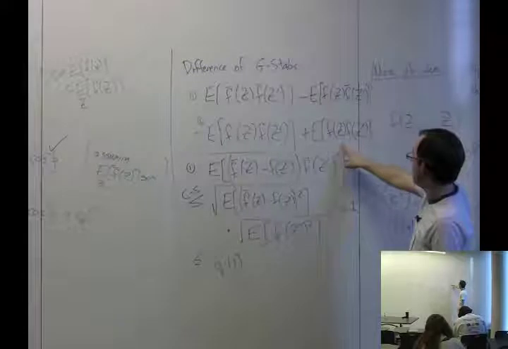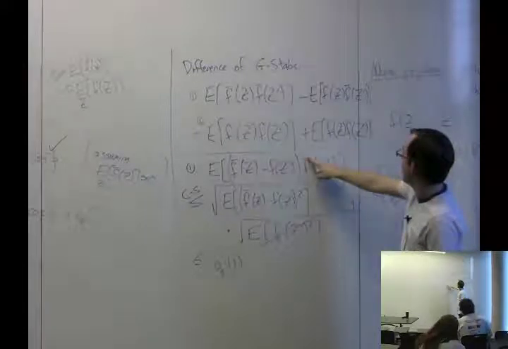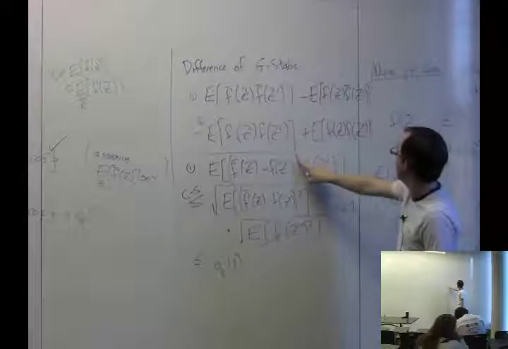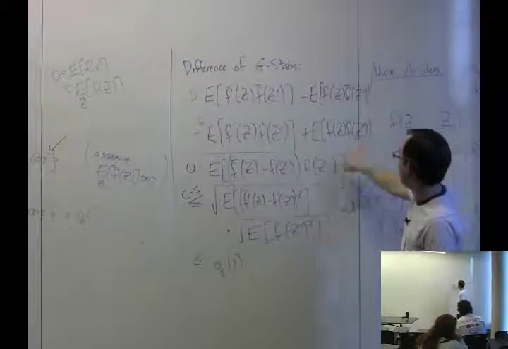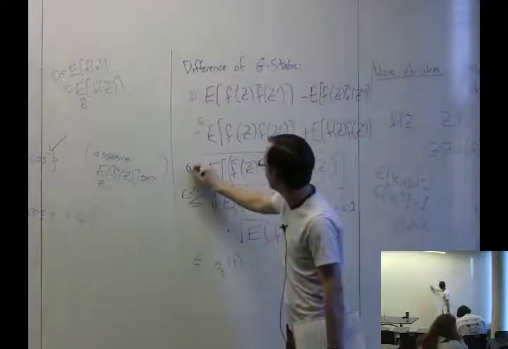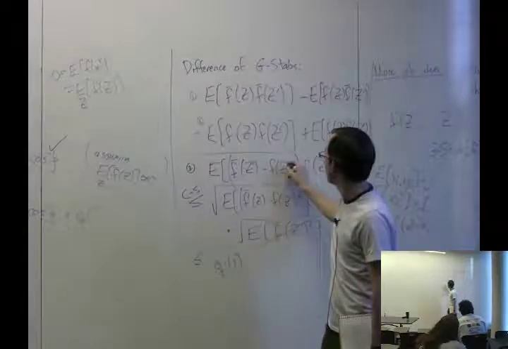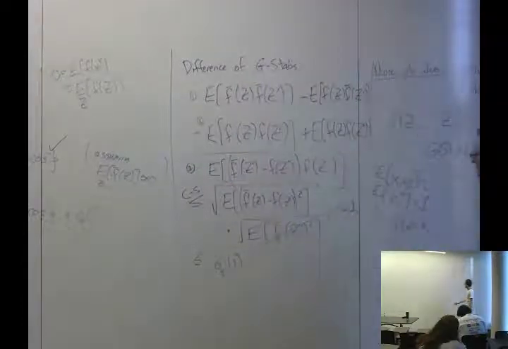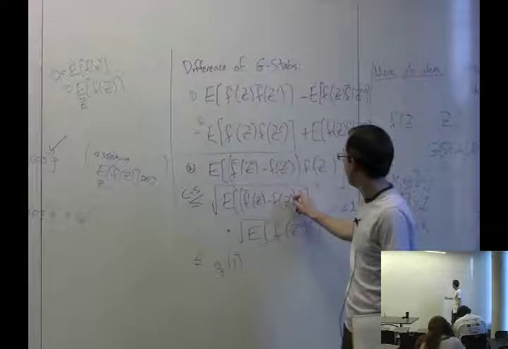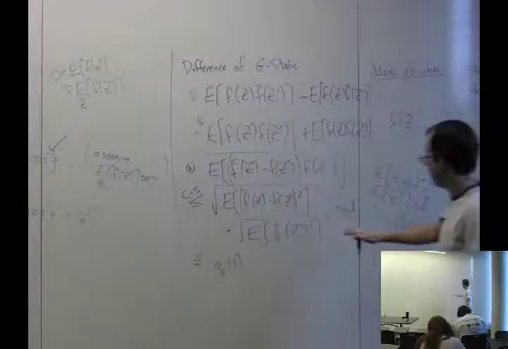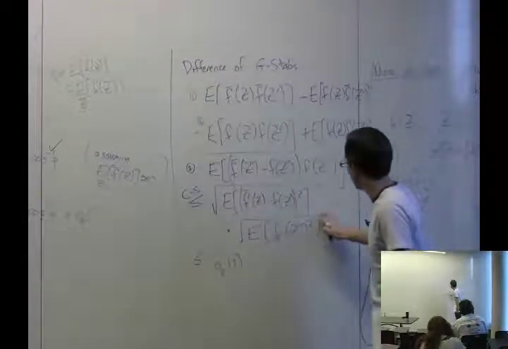You'll just have, this will be like f of z, and here you'll have this with z primes. So you can do Cauchy-Schwarz again. Remember, z and z prime are both distributed as Gaussians.